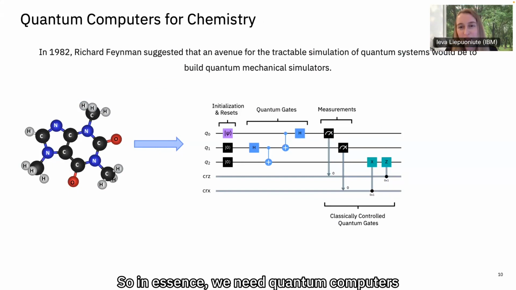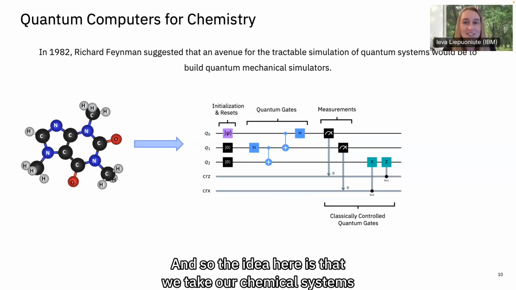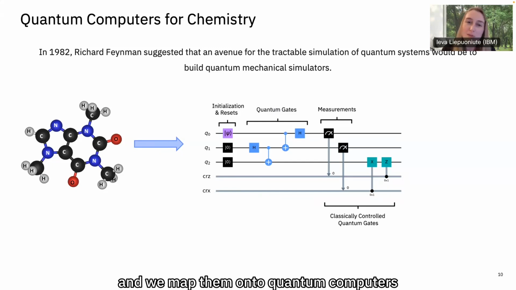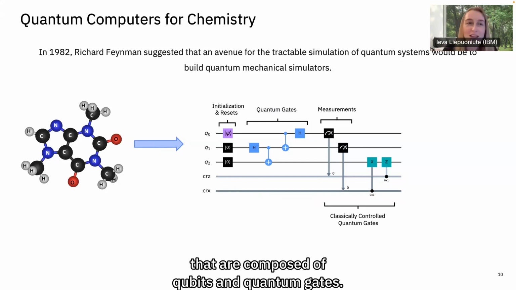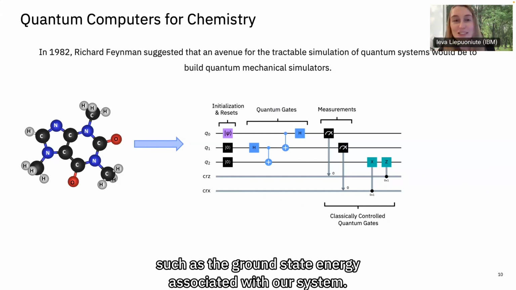So in essence, we need quantum computers that can use quantum systems themselves to store and process data. And so the idea here is that we take our chemical systems and we map them onto quantum computers that are composed of qubits and quantum gates, and then we do some measurements to extract important information such as the ground state energy associated with our system.